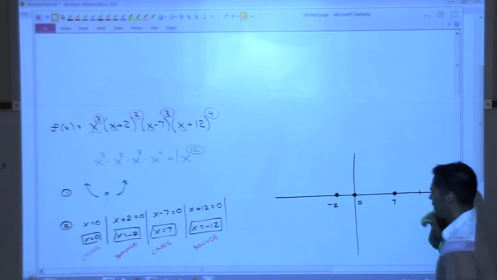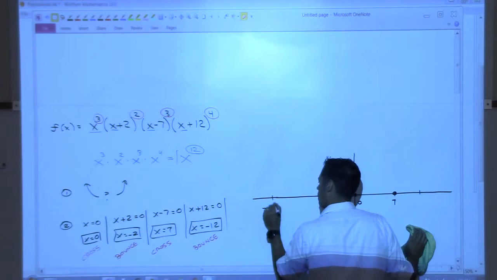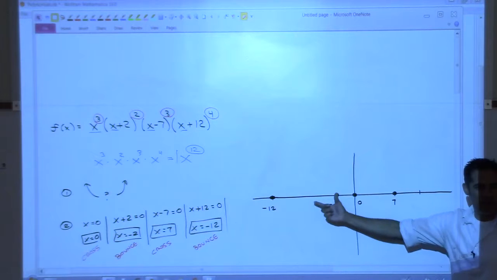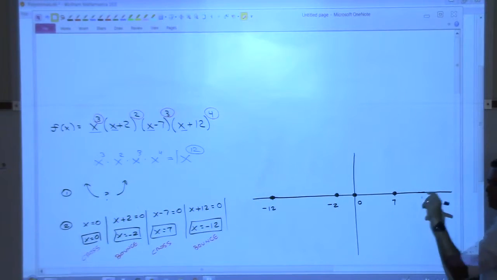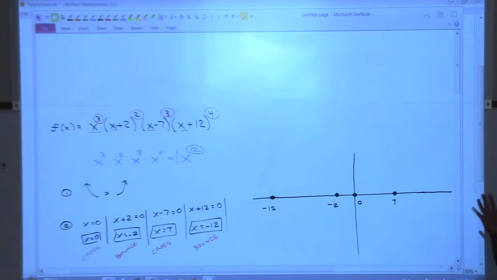I'm on the wrong side here. Notice that I really didn't even measure out how far things were. That's fine. You don't need to put little tick marks for every single thing. You can just make sure you get them in the correct order. That's the most important thing.